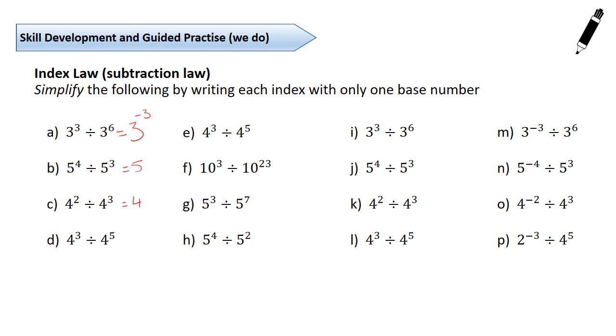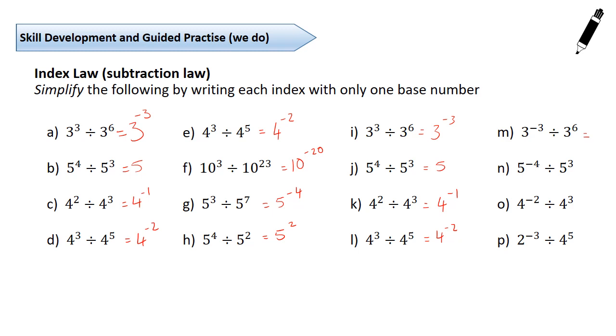I get 4 to the minus 1, 4 to the minus 2, 4 to the minus 2, 10 to the minus 20, 5 to the minus 4, 5 to the 2, 3 to the minus 3, 5 to the 1, or just 5, 4 to the minus 1, 4 to the minus 2.